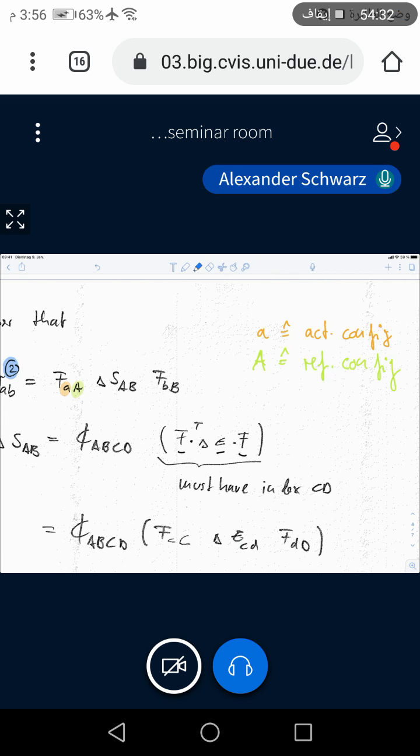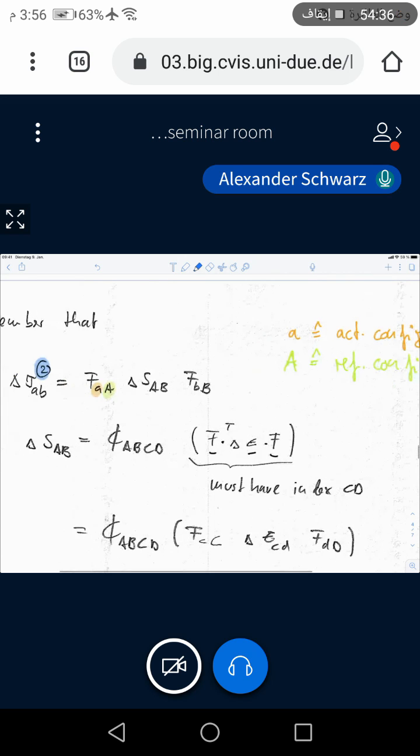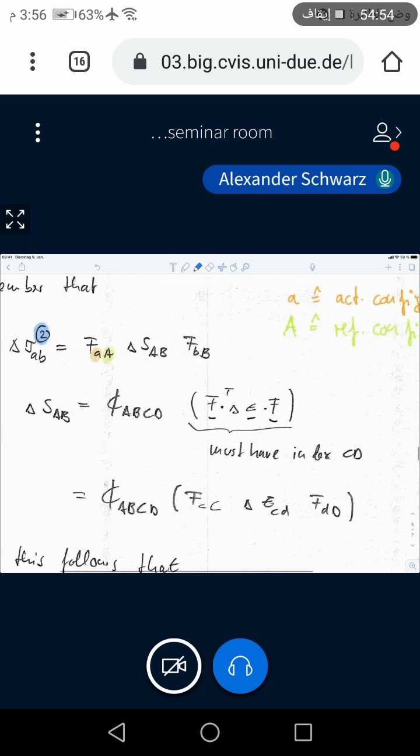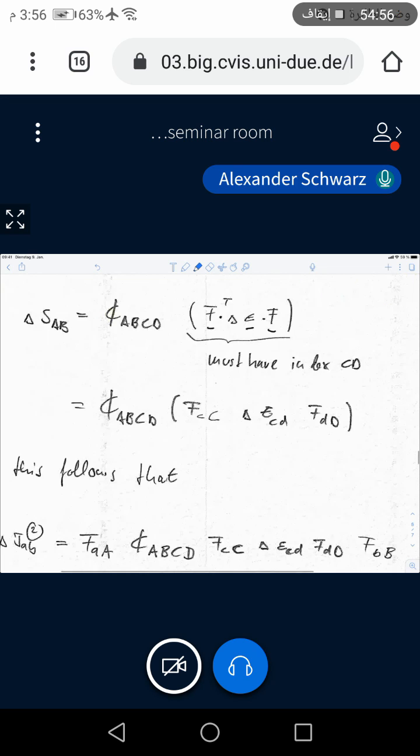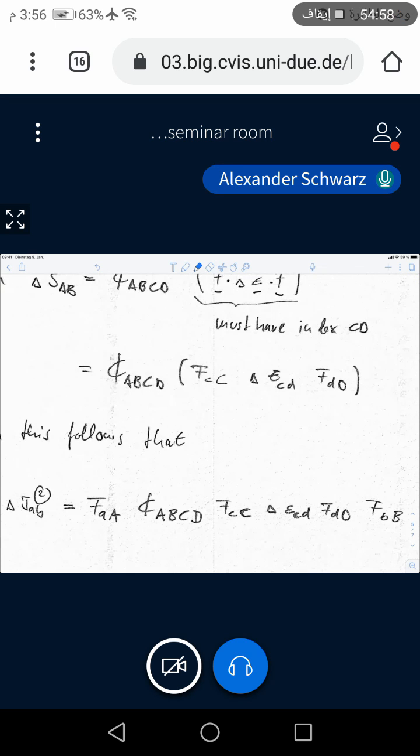And with this in hand, we can move on. Don't forget, I have on the left and the right additional two Fs. So you see, inside of delta second PK, I have two Fs, and outside I have another two Fs. If I put them all together, I end up with this line.